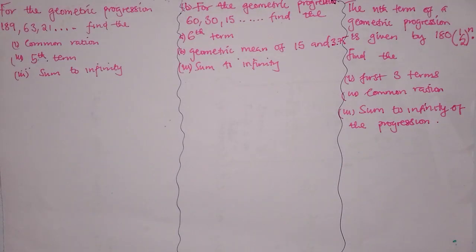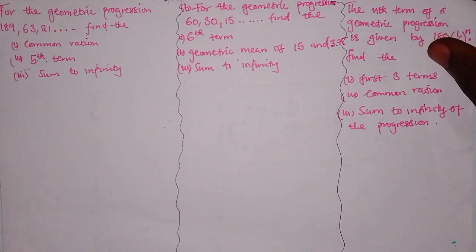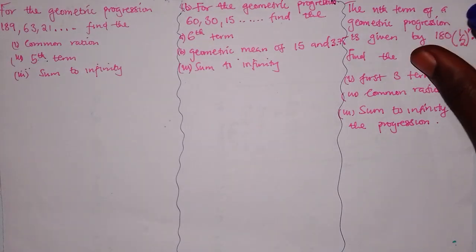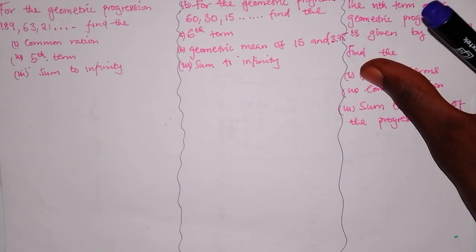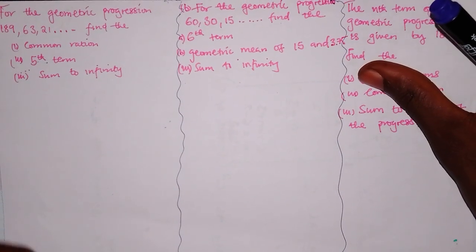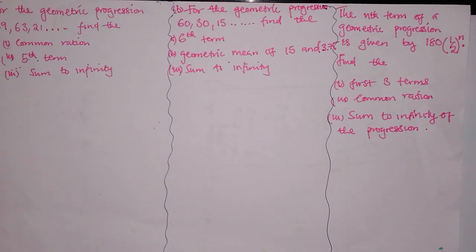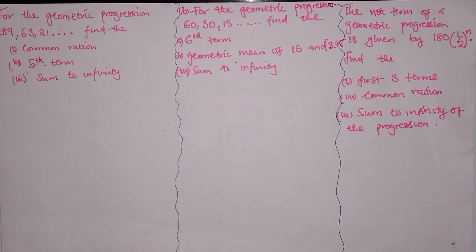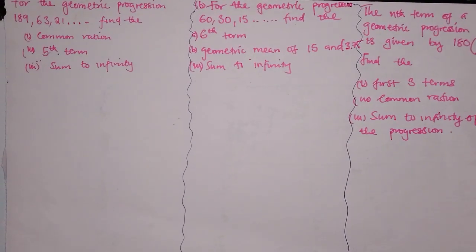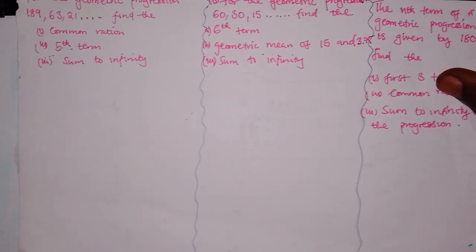So these are free 7 marks. Before we solve these 3 questions, you need to understand something about geometric progression, because you can't just start solving without knowing the formula and how to apply it.